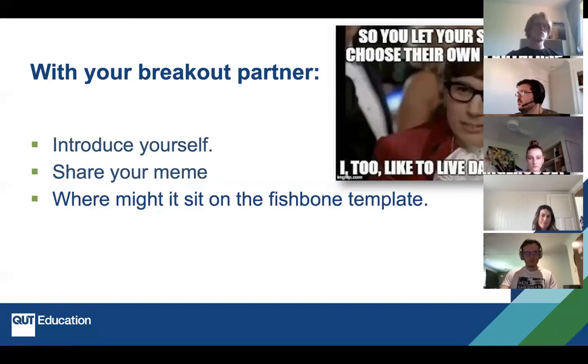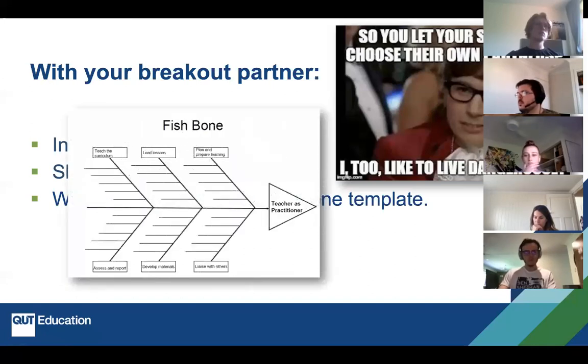I'll give you one more chance to take a shot of the screen. We're looking at how your chosen meme can fit in those areas, or it might fit across multiple areas. So we'll see.